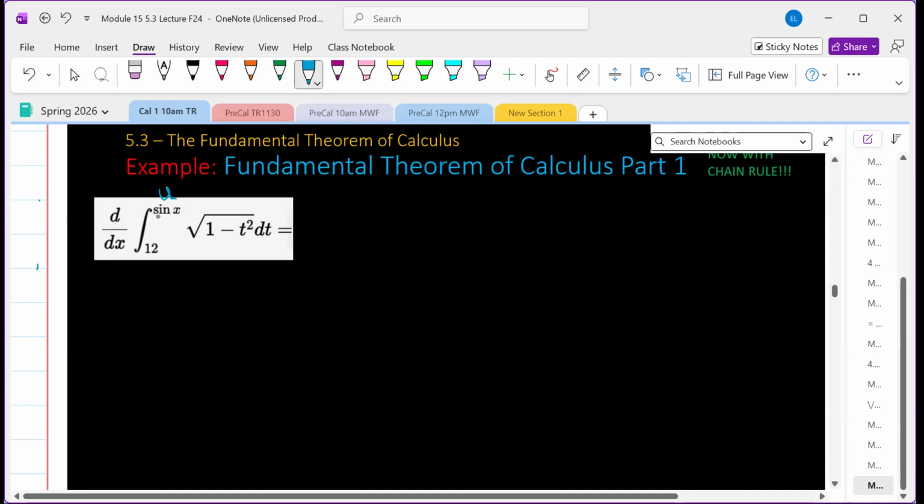So if I think of that sine x as a u, then my derivative with respect to x of this thing is, I'm going to plug the u in, and then I'm going to have it times du dx.